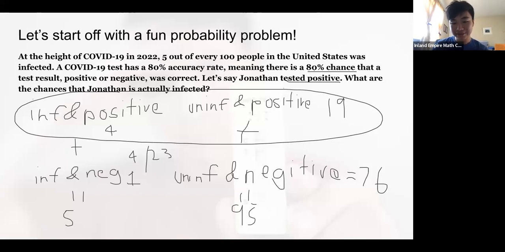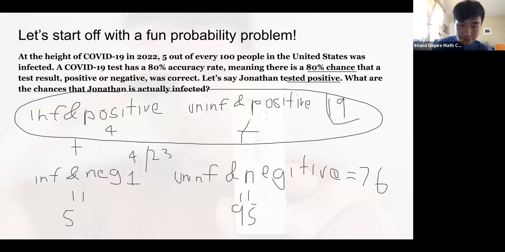So with Jonathan testing positive, it's more likely that he will be one of these 19 people who were uninfected and tested positive. The test said that they were positive even though they weren't. The test is pretty accurate, but based on the fact that very few people actually had COVID in comparison to the entire population during that time, it's actually very unlikely that he had COVID.